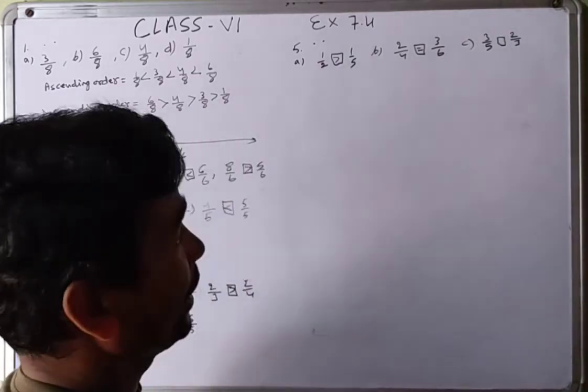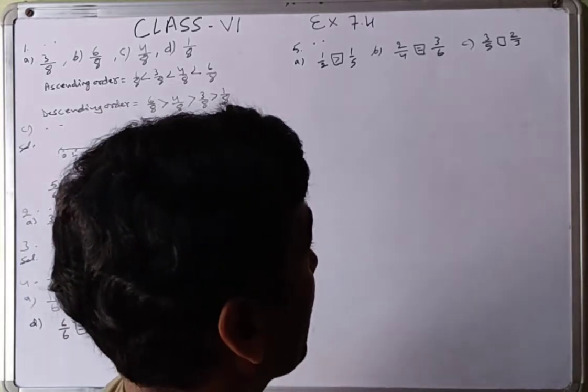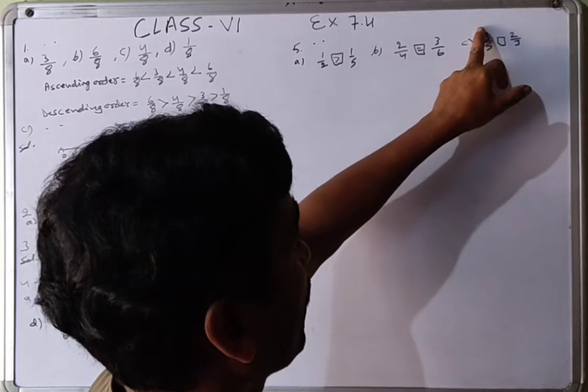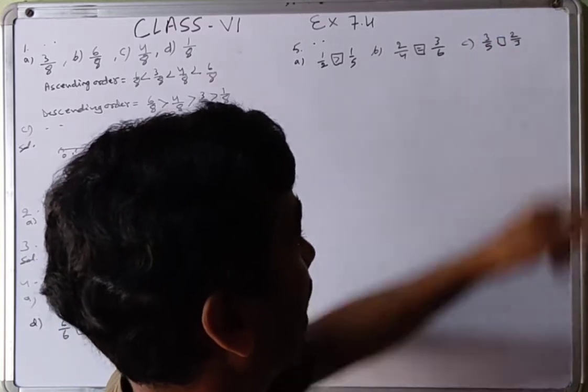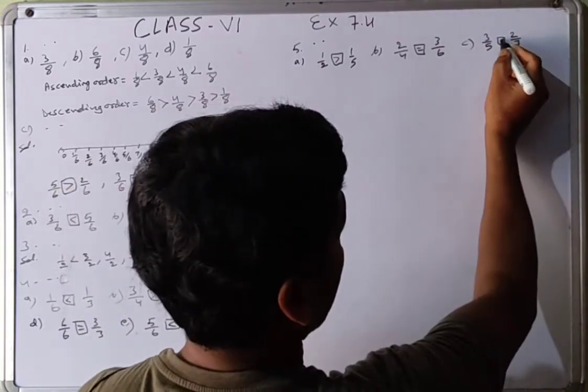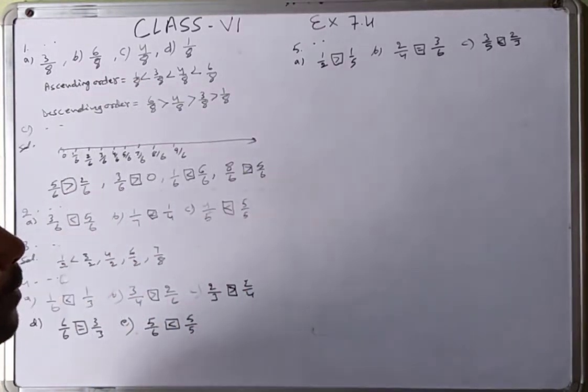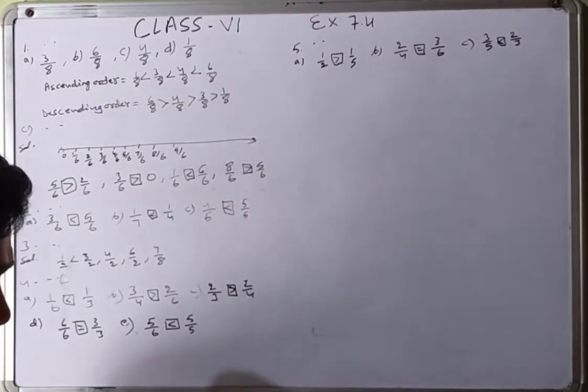Now here, numerator and denominator both are different. So what will we do here? 5 minus 3 is 2, 3 minus 2 is 1. So 2/3 is greater because the difference of numerator and denominator is less.